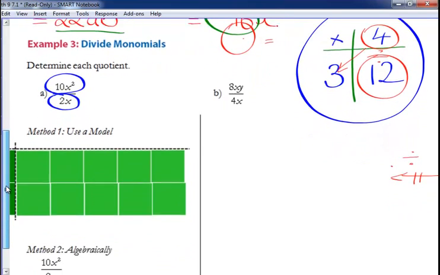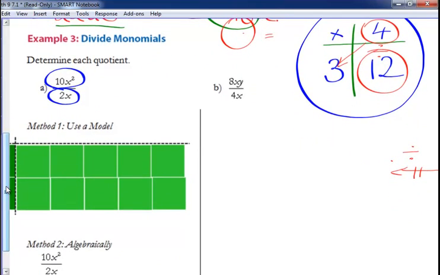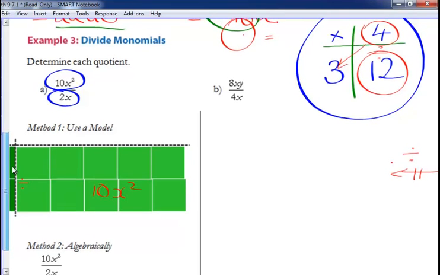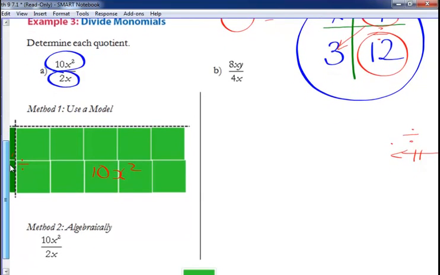Now, what we've got here is our top shelf, our numerator, the 10x squared. And we can imagine here we're dividing it by 2 x's. So we've got an x there and an x there. So 10x squared divided by the 2x, which is a little bit tight there on the corner, isn't it?